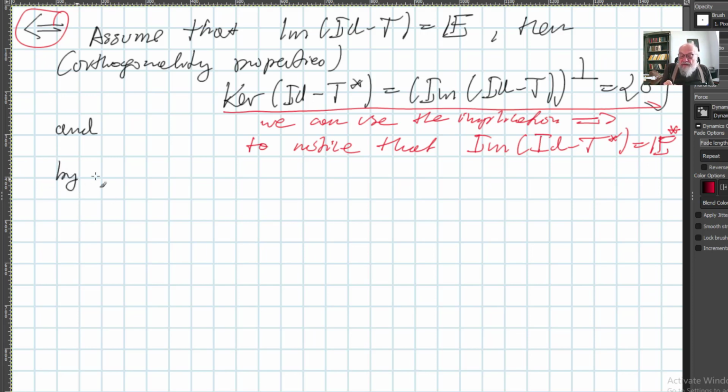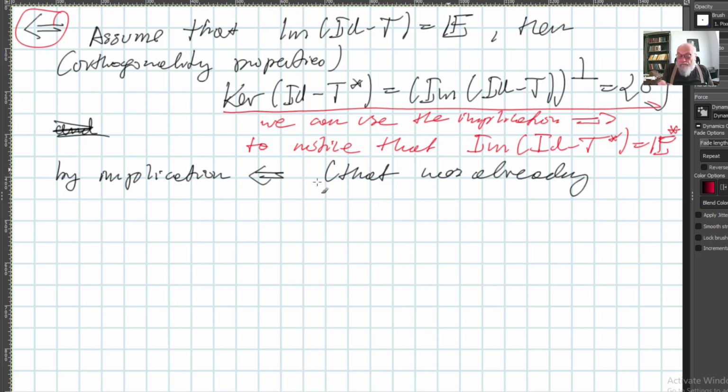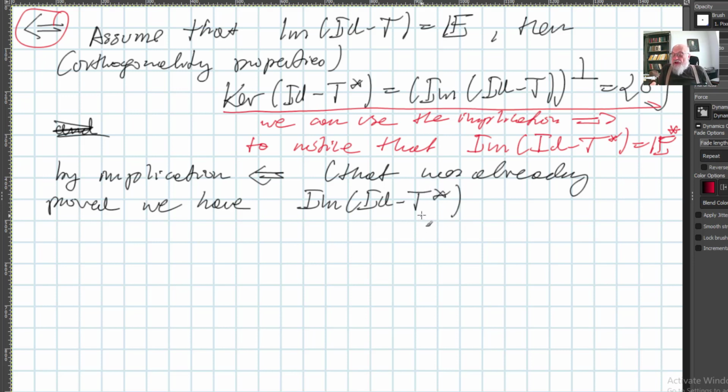So I can continue by implication that was already proved. We have here that the image of identity minus T star, remember by Schauder theorem, T star is also compact, so everything applies to T star the same way as it applies to T, is equal to E star.